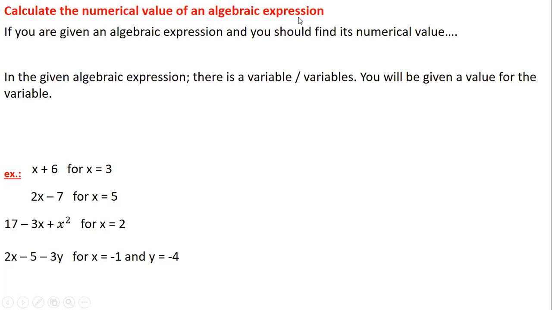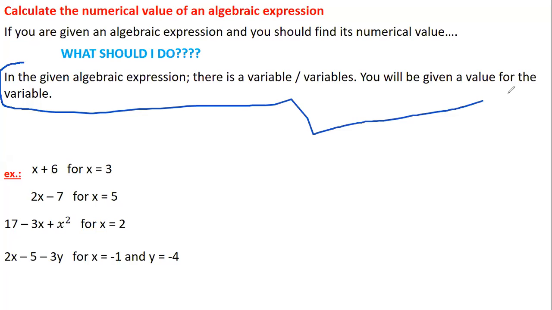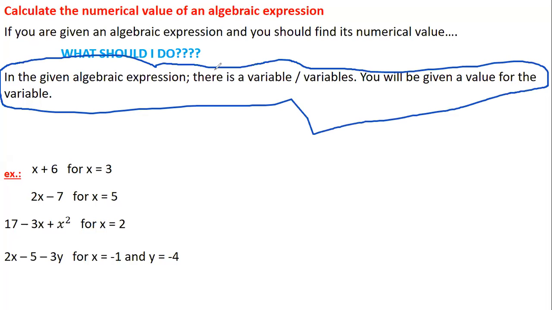If you are given an algebraic expression and you should find its numerical value, this is what should be done. This line should always be applied, so it should be understood and memorized.